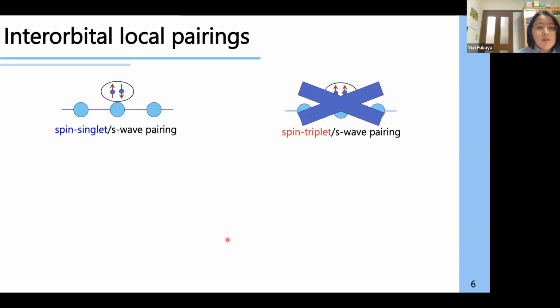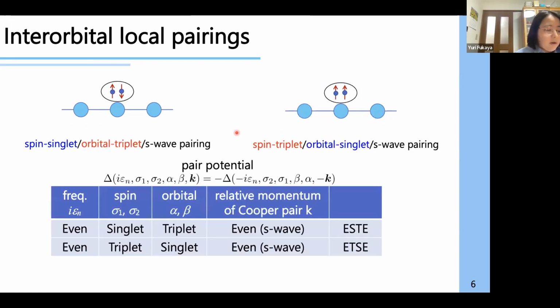In our study, we focus on the local pairing like this. In the single-orbital model, spin-singlet s-wave pairing is allowed, but spin-triplet s-wave pairing is not allowed because of Fermi-Dirac statistics. However, in the presence of orbital degrees of freedom, we can distinguish the orbital and the momentum k in the pair potential.